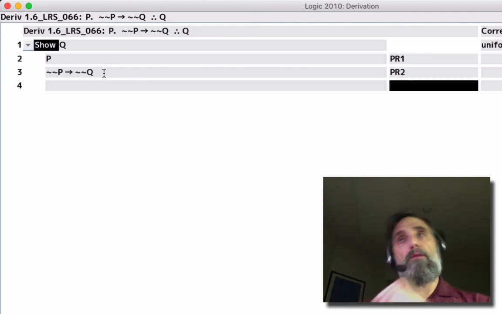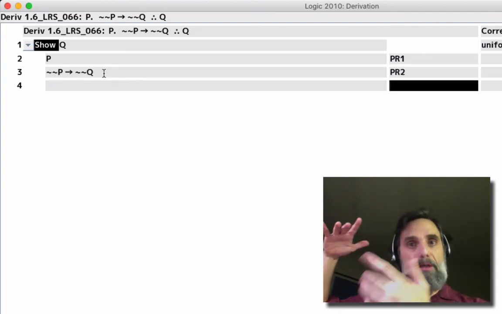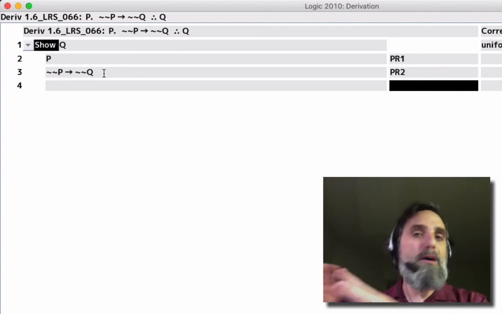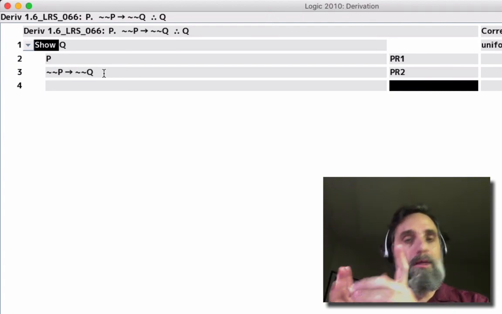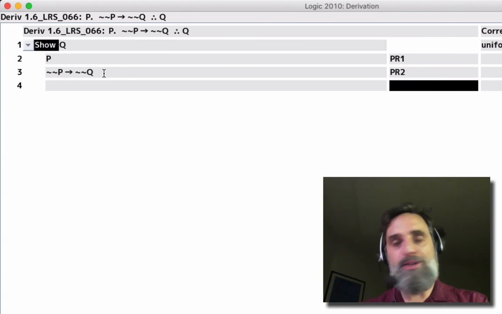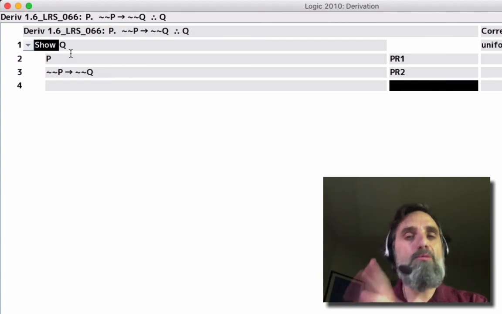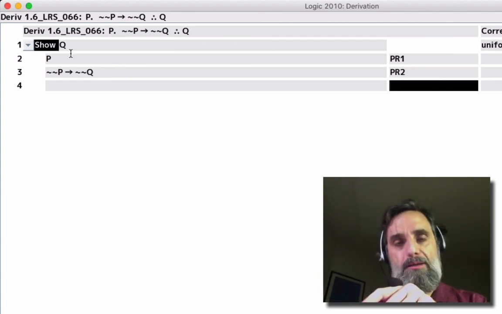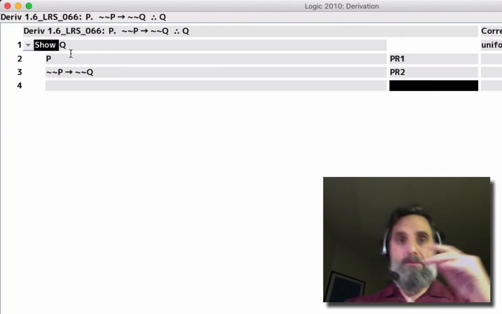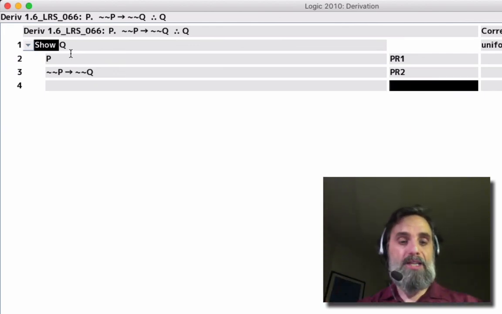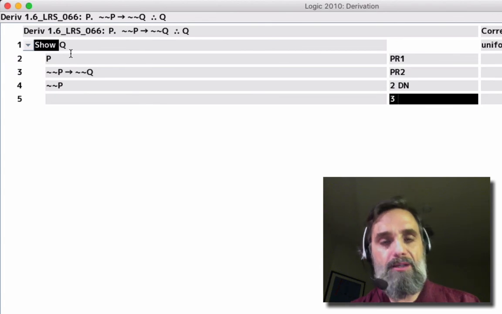If you're going to say, okay, here's my big conditional, and then I'm going to do MP with it, don't apply double negation to the whole conditional to help you with its antecedent. You have to apply double negation to the smaller piece, and then you have the bigger conditional, and that's why we apply DN to line 2 to then do modus ponens.